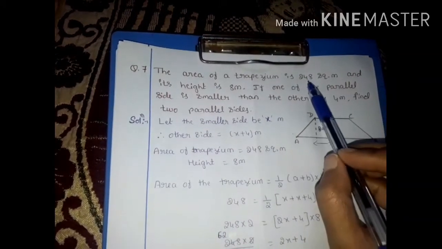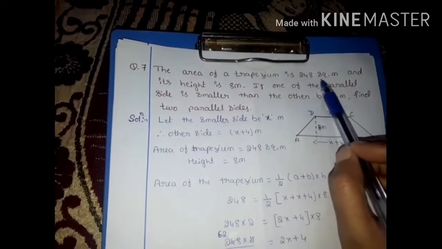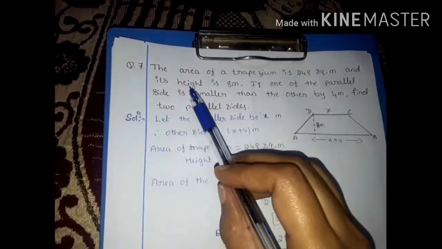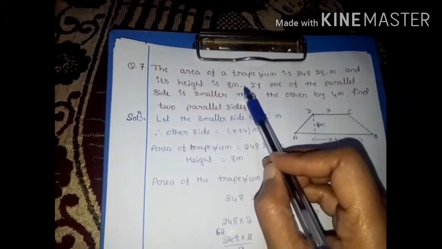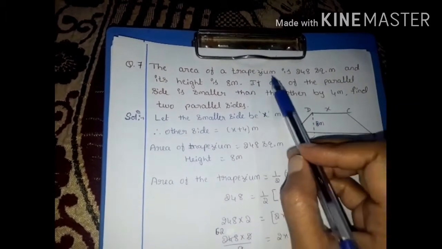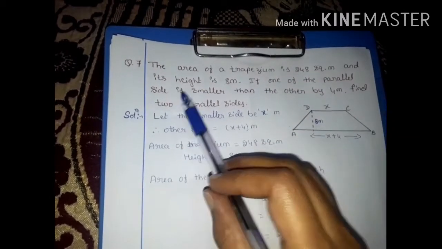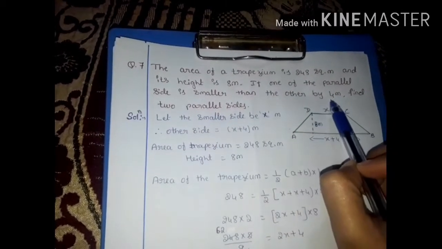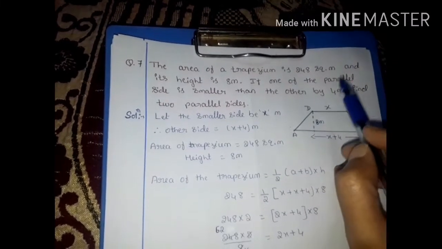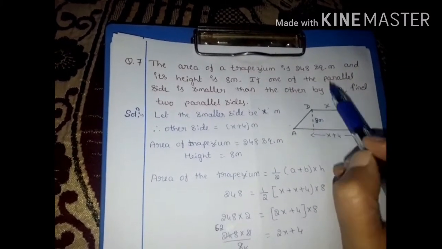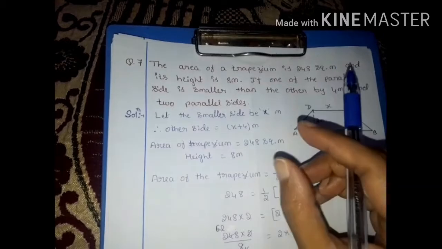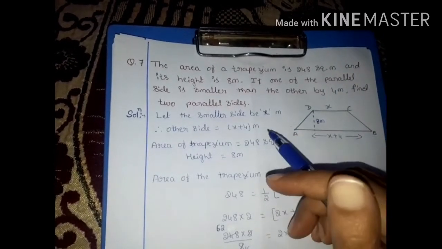They gave the area of trapezium, that is 248 square meter. Height also given, 8 meter. And one condition is given here: out of the two parallel sides, one is smaller than the other by 4 meter.